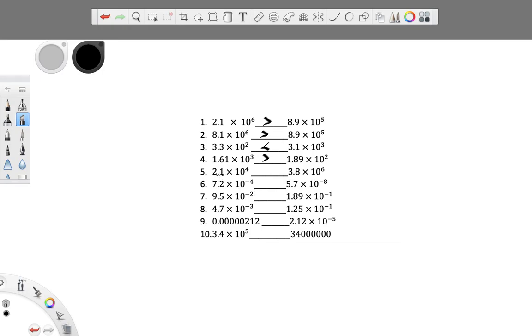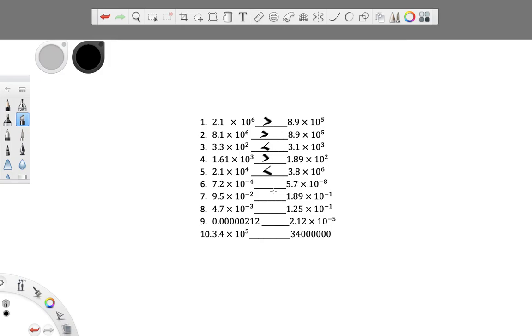Question 5, 2.1 times 10 to the 4 and 3.8 times 10 to the 6. 10 to the 6 is the larger power of 10.